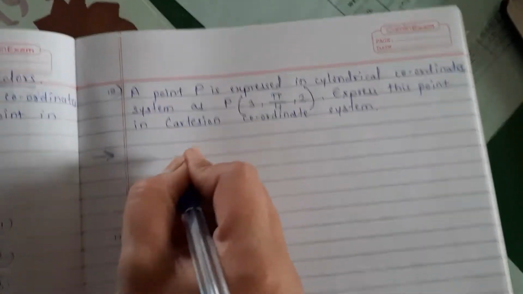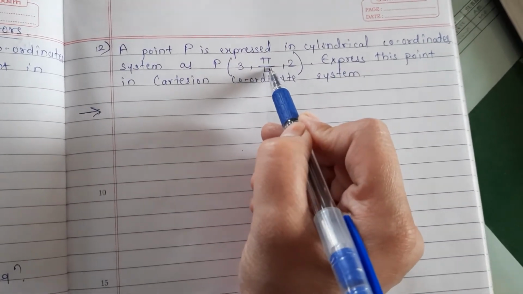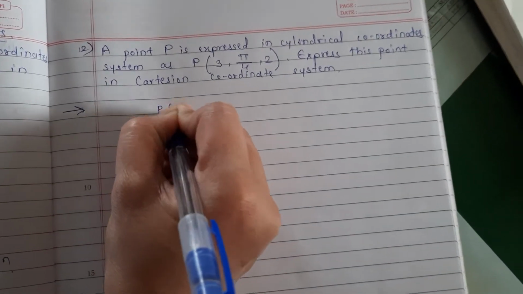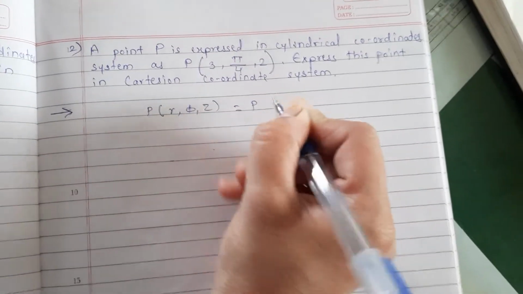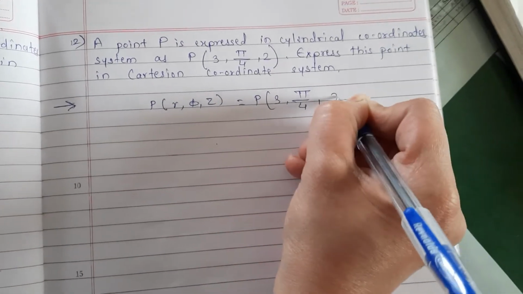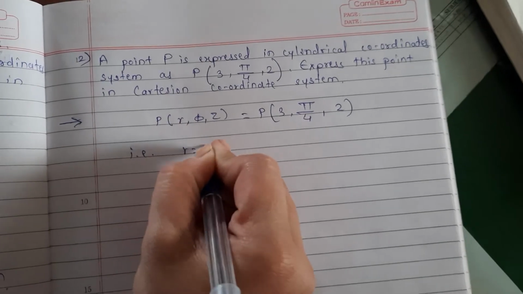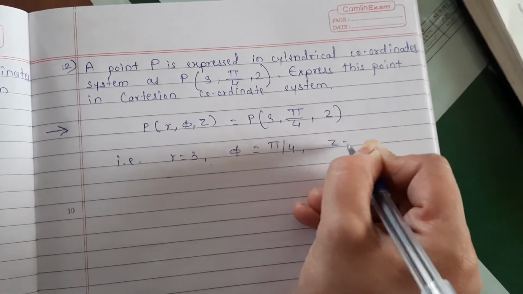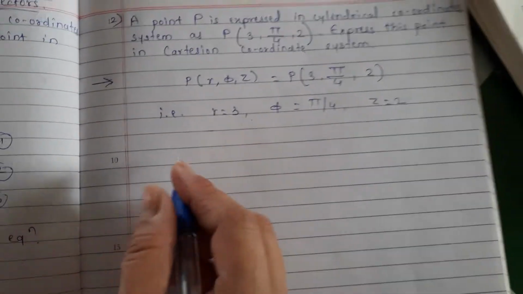Here the values are given in cylindrical, so P is r, phi and z, that is r is equal to 3, phi is pi by 4 and z is equal to 2. Now we have to use the conversion formula.